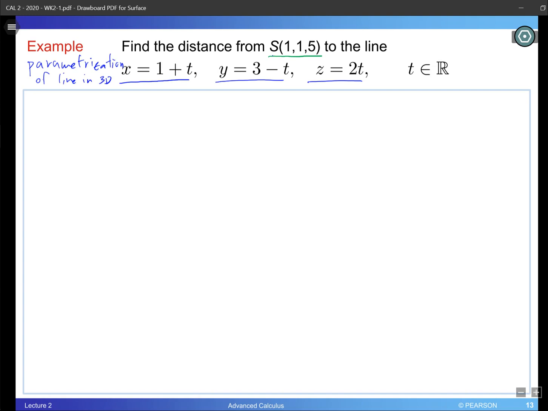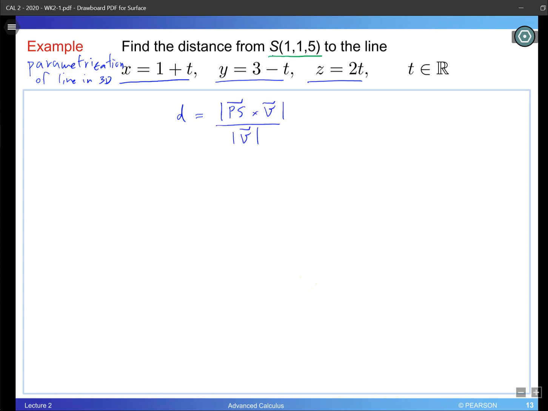Now back to the formula that we need to use when it comes to the distance between a point and a straight line. That's going to be d equal to the absolute value of PS cross v divided by the absolute value of v.